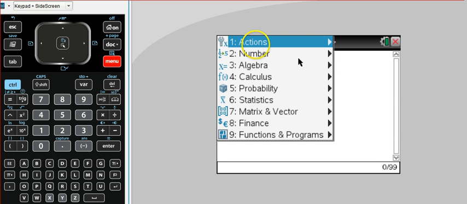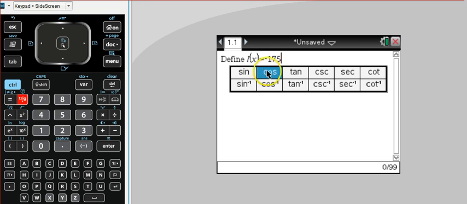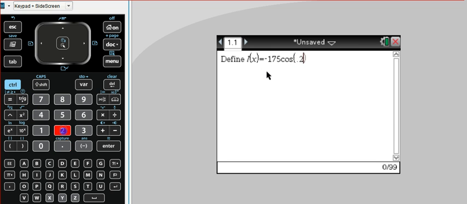Firstly, menu, actions, define L of t, but remember replace the t with an x, is equal to negative 175 cos of 0.23x minus 75. Done.